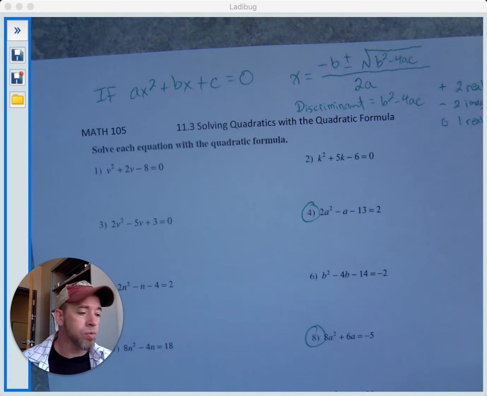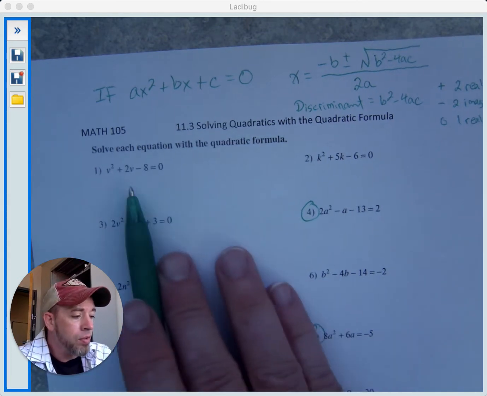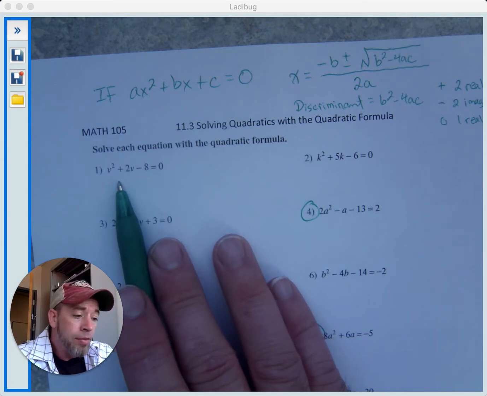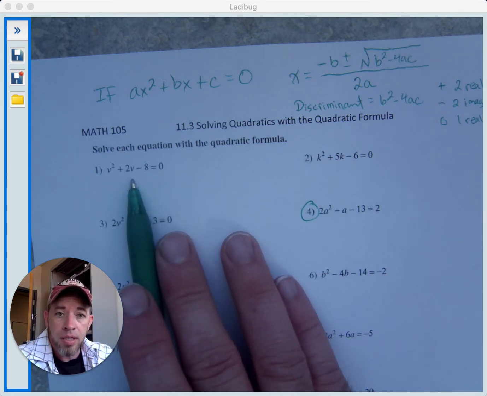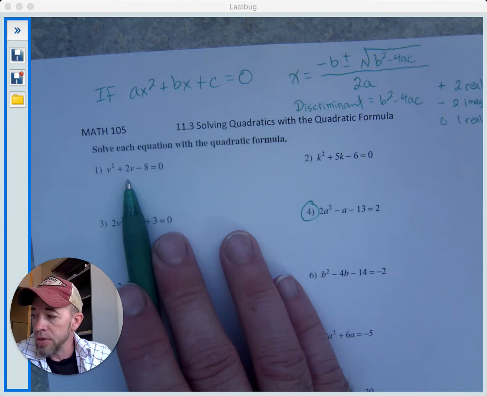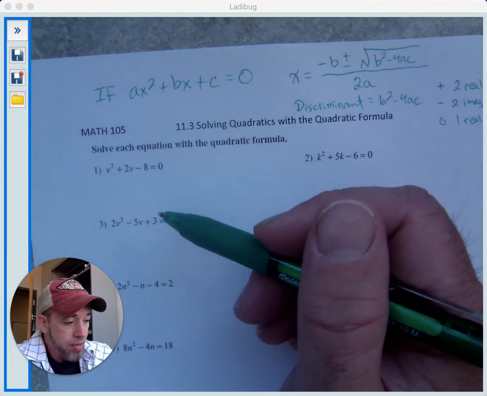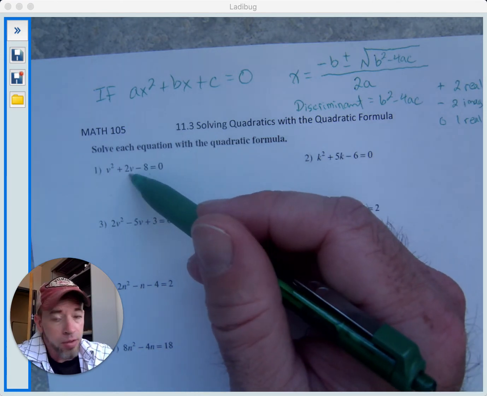Now, you might ask, well, why didn't you do one of the first ones? If you look at this equation, I probably wouldn't even use the quadratic formula on this one because it is easily factorable, right? If you were to solve this one, you would probably say, well, negative 8, I can find two factors of negative 8 that add up to 2.